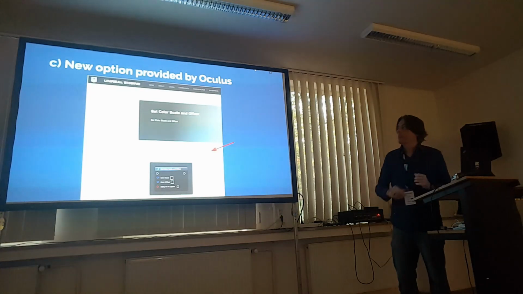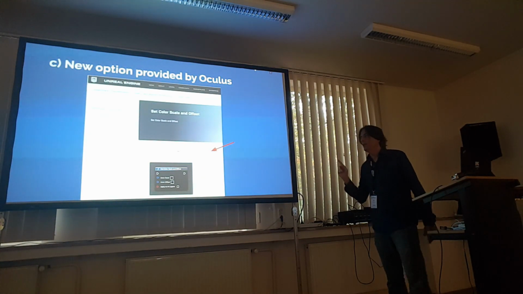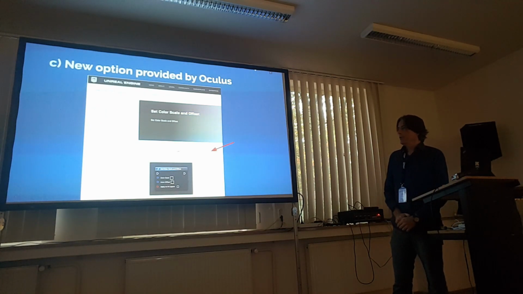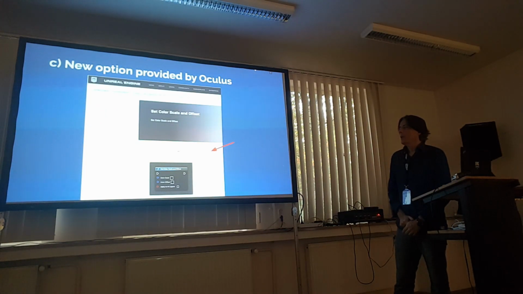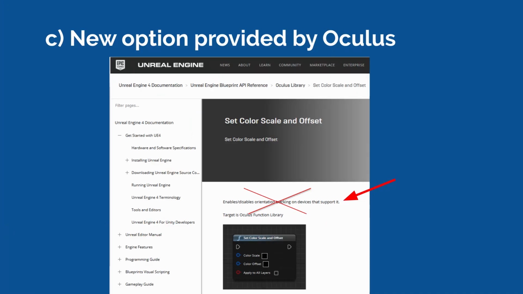But then there's a new option provided by Oculus, which came out in late 2018. It's part of the Oculus library, and I think hardly anyone knows about it. One of the reasons is that the description in the documentation is actually wrong. It says it enables orientation tracking on devices that support it.